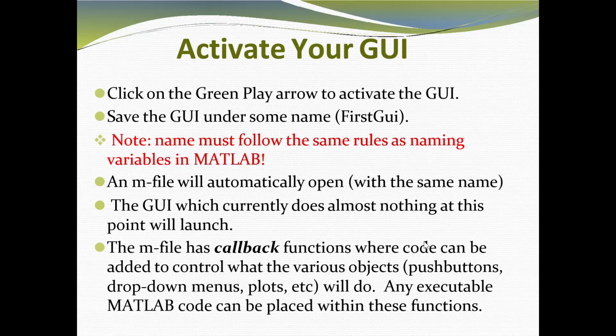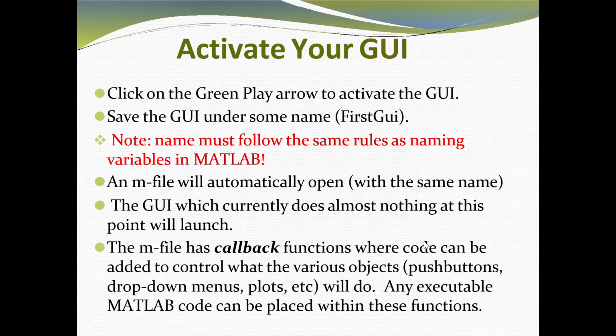After doing that, you are now ready to activate your graphical user interface. You just click on the green arrow to activate, which you have been running before when we are writing scripts. Then save the graphical user interface under some name, maybe you're calling it first GUI, that's okay.